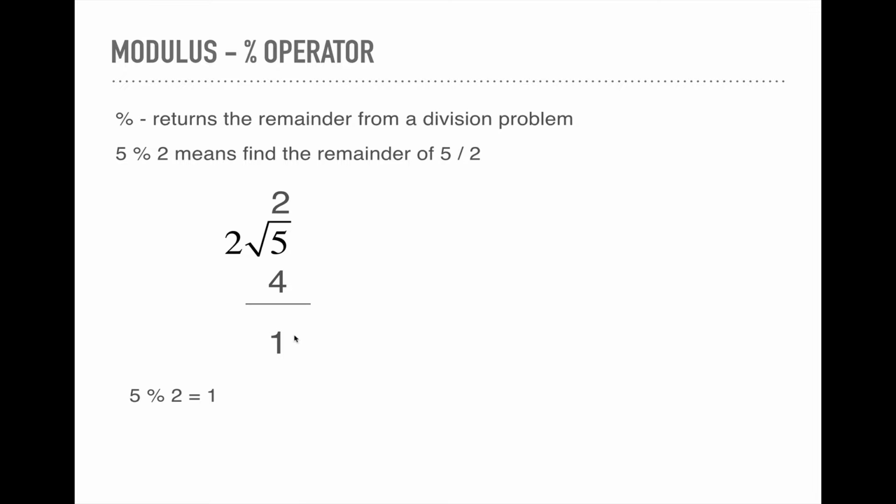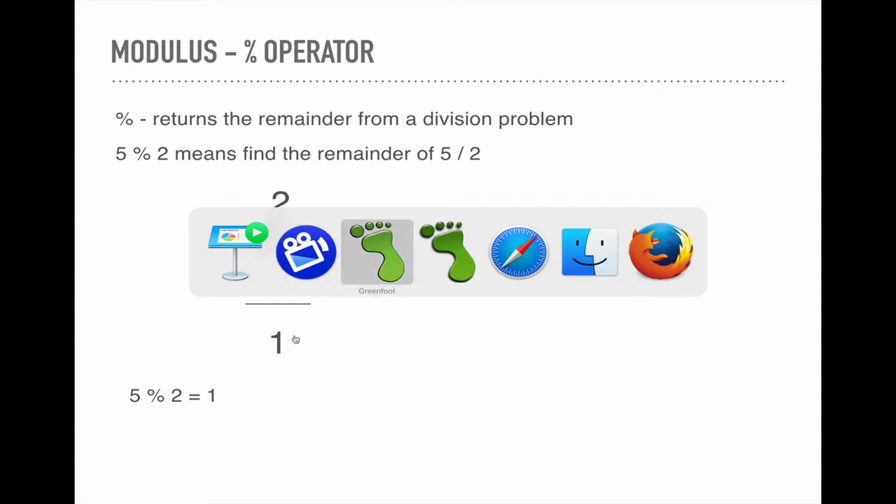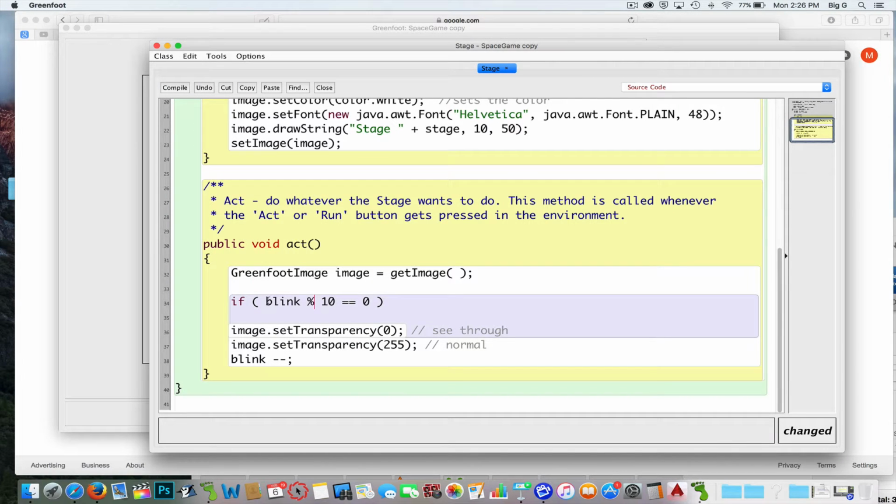And that's what modulus does. So what is this asking? If blink modulus 10 is equal to 0, that means a remainder of 0. So that means whenever blink is divisible by 10, so we're starting at 200 and going down, it's going to be 200, 190, 180, 170, 160, 150. Whenever that is the case, I want something to happen.